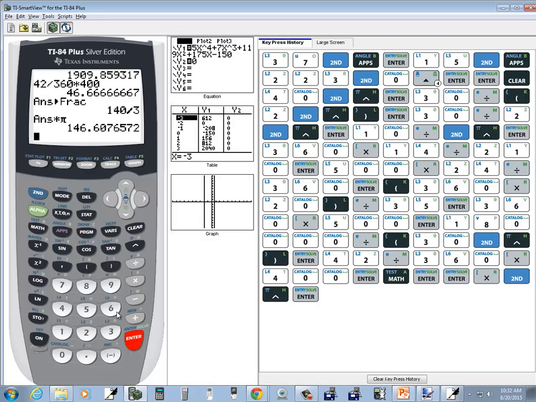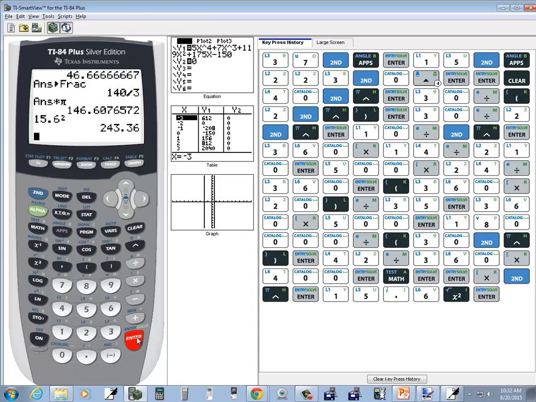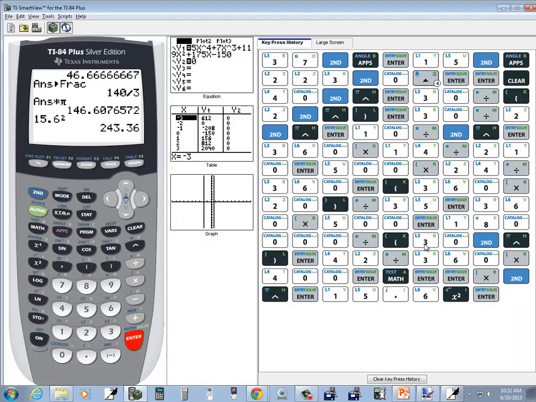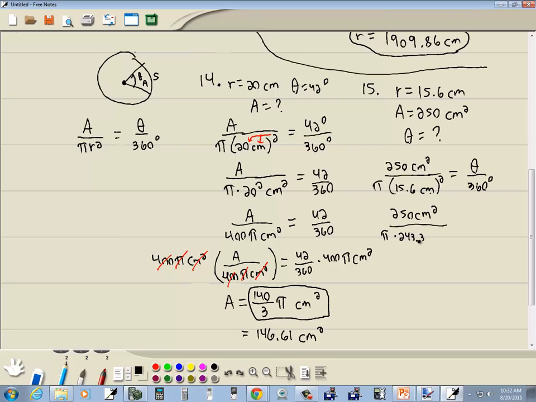So 15.6 squared, and we get 243.36. Now when I square the centimeters here, this becomes centimeters squared. Well, notice we have centimeters squared here and centimeters squared here, so those are going to cancel.